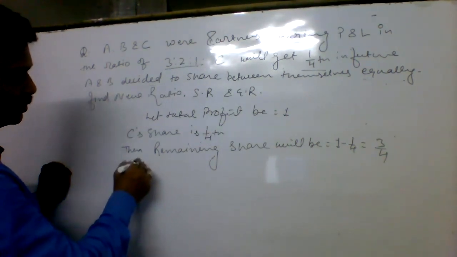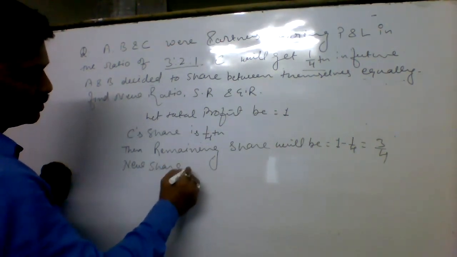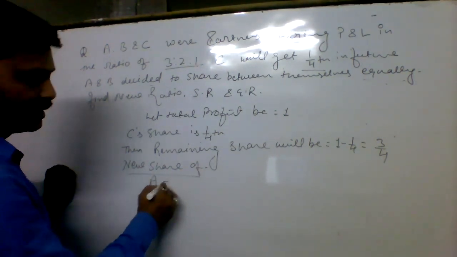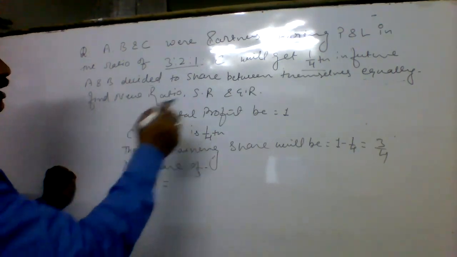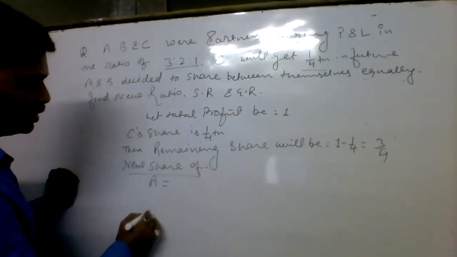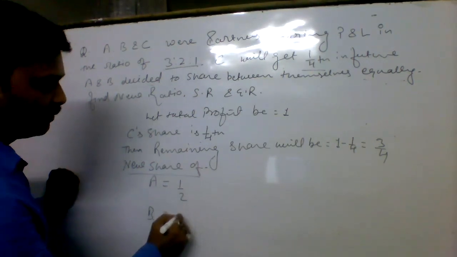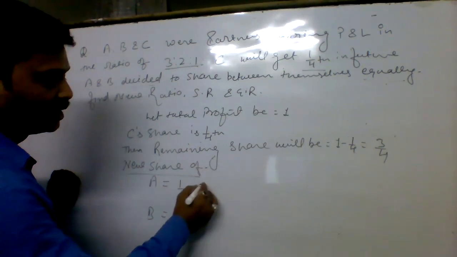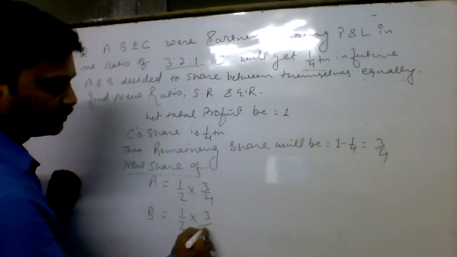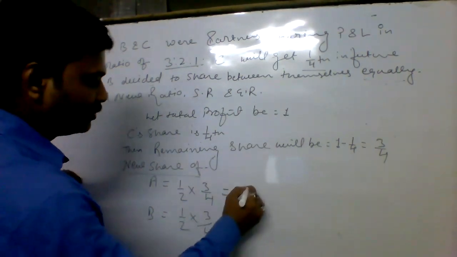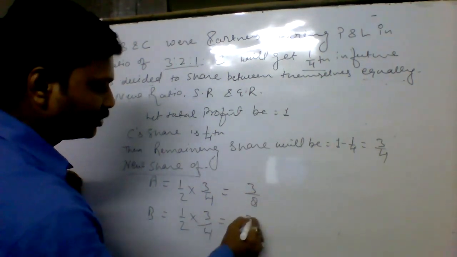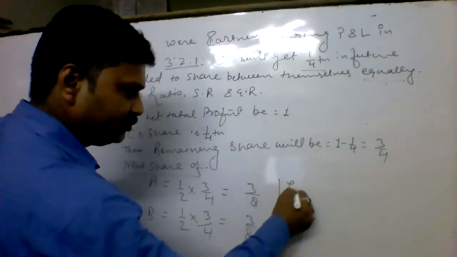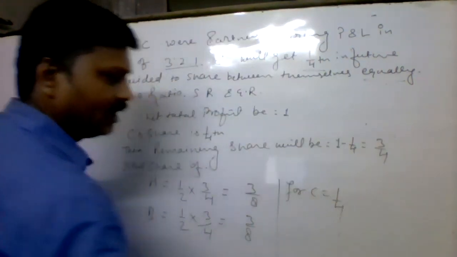So the new share of A and B: both will take half of the remaining share. The remaining share is 3 by 4, so the new share would be 3 by 8 and 3 by 8 for A and B, and for C it is given 1 by 4.